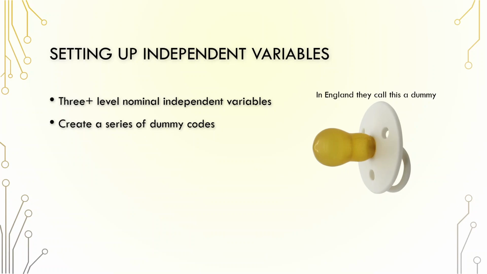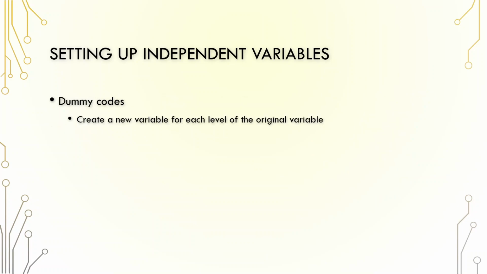And that's, I think, the reason why these are called dummy codes. I'm going to circle back to that in a second and make that connection, because at this point it doesn't. But just remember, a dummy is something that helps children be quiet, like a pacifier.